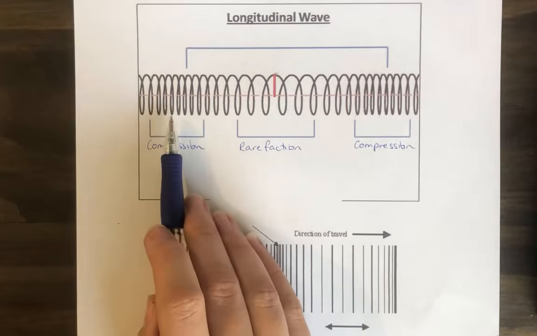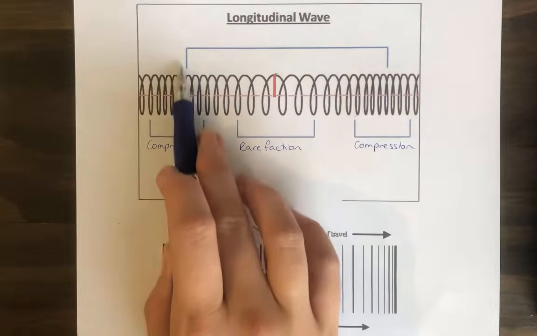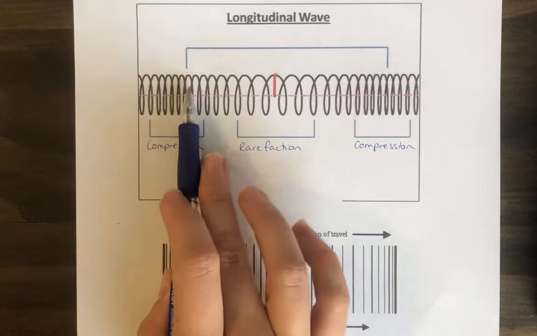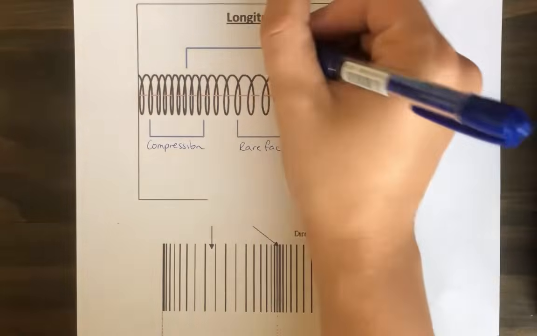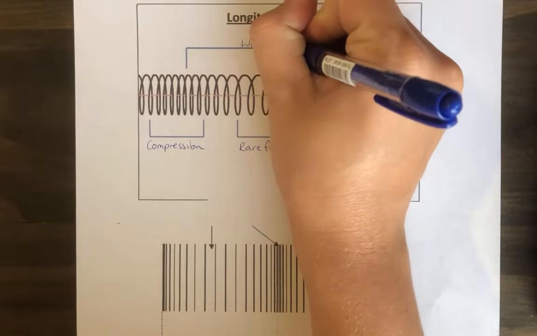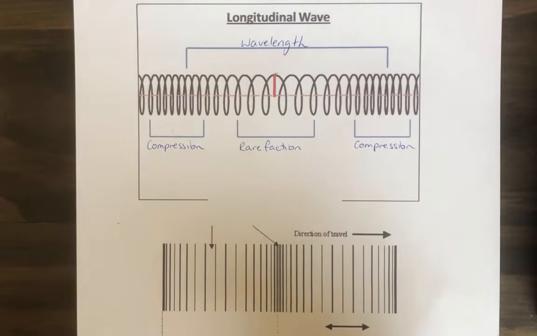Now, from one compression to the next compression, or from one point on the longitudinal wave to the same point on the next wave, we call that the wavelength. So the definition is the same between the transverse and the longitudinal wave. It just looks different on the diagram.